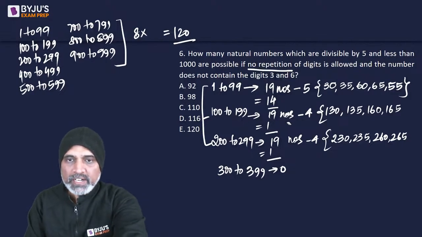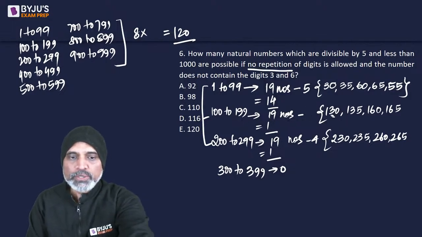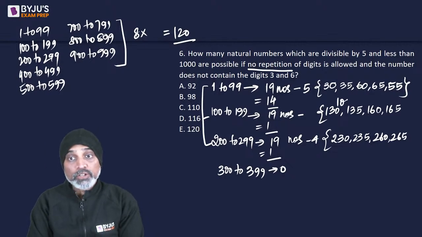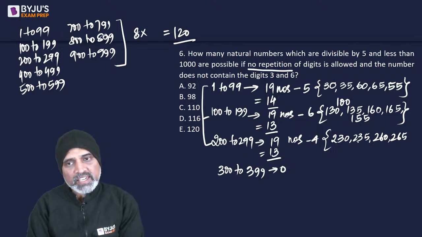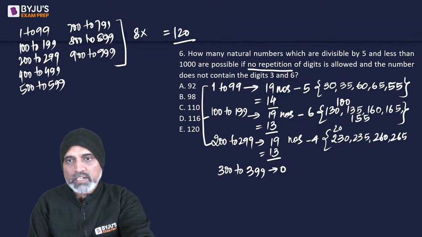Similarly, 100 to 199, we won't be able to have 100 also and 155 also. So this will result in a reduction of 6 values. So we will have only 13 such values. 200 to 299, again 13 such values because we can't take the number 200 as well as 255.